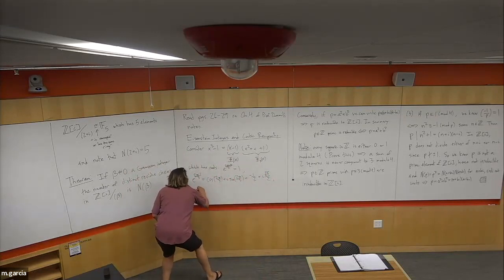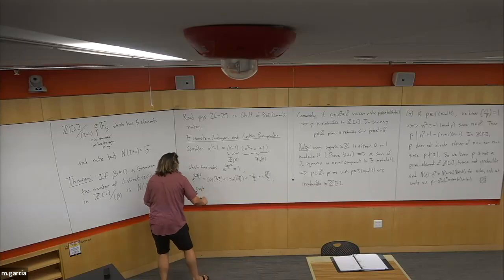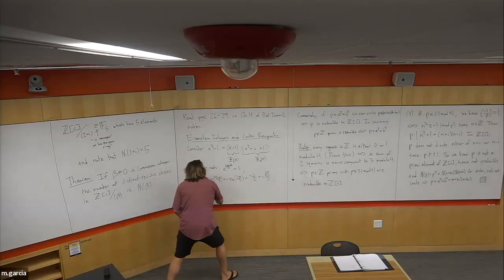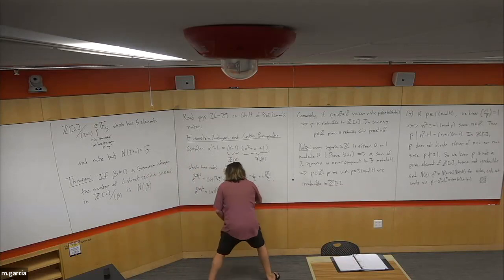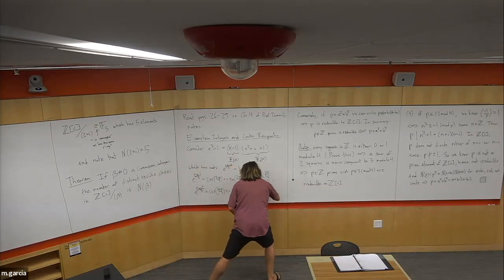And e raised to the 2 pi i times 2 divided by 3, or by Euler's formula again, cosine of 4 pi over 3 plus i sine of 4 pi over 3, or negative 1/2 minus i root 3 over 2.